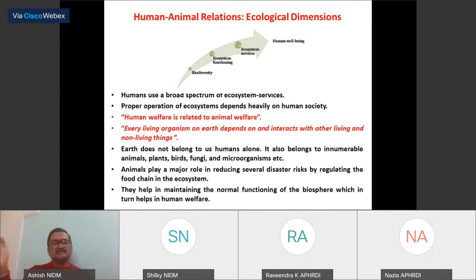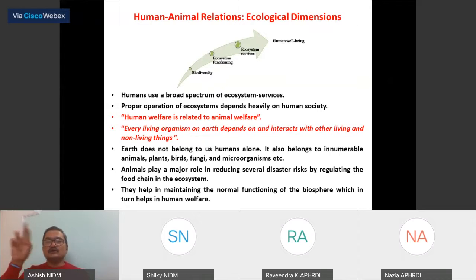If you see this chain, our whole natural phenomenon is covered with biodiversity, then comes ecosystem functioning, then there are innumerable ecosystem services, then humans come and we start utilizing these ecosystem services. Our own welfare is related to animal welfare. We shouldn't forget that.